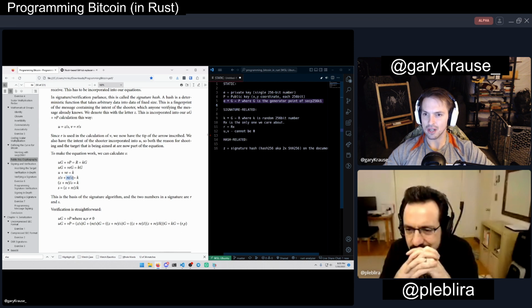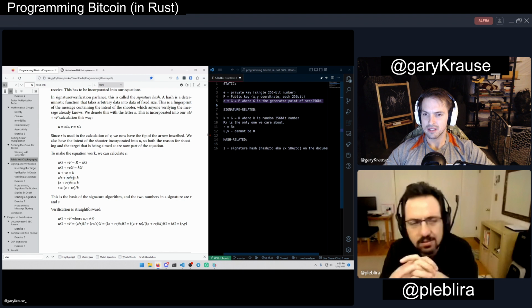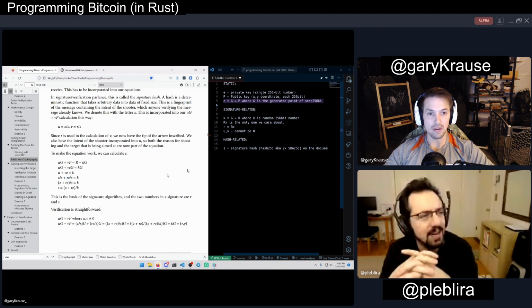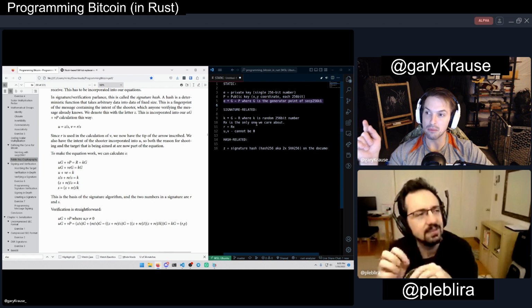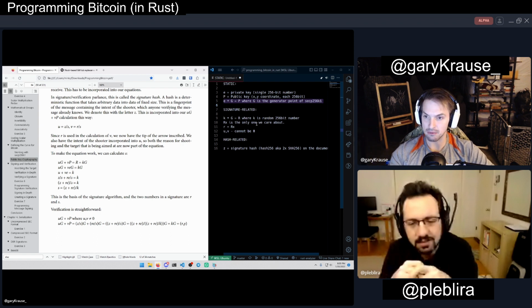And then RE divided by S because we had VE. And R is the random point on the curve, but the X value of it.